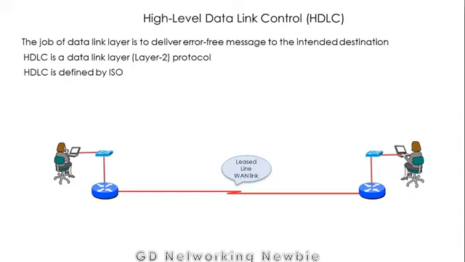So what happens when the users are far away and they want to exchange some information? For instance, this user wants to send some information to this user, and from this user to this router there is an Ethernet link.